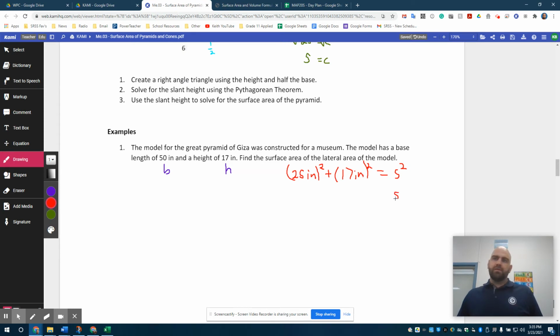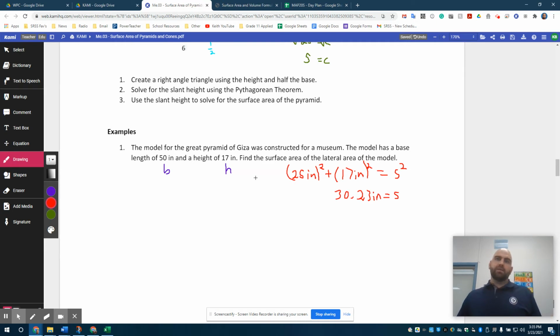That's going to equal our slant height squared. If we do 25 squared plus 17 squared, you can use your calculators for this, that equals 914. We take the square root of that, and we get 30.23. And that then is our slant height. S is equal to 30.23 inches.